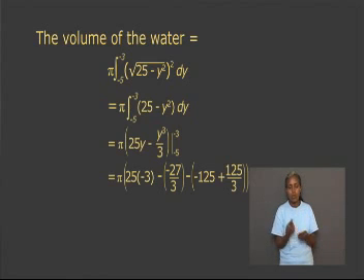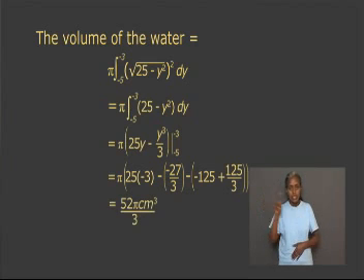So, when we substitute -3 into our equation, we find pi times 25 times -3 minus -27 over 3 minus -125 plus 125 over 3.